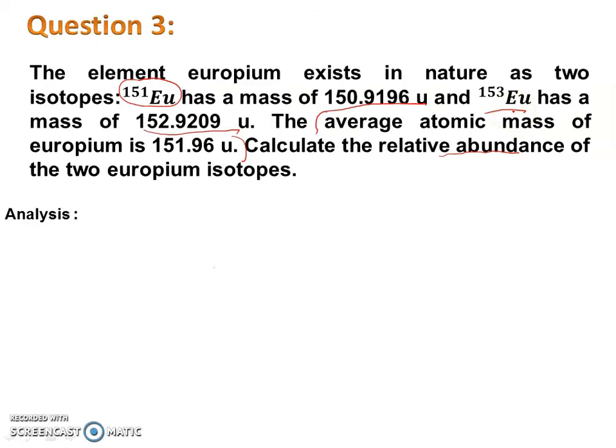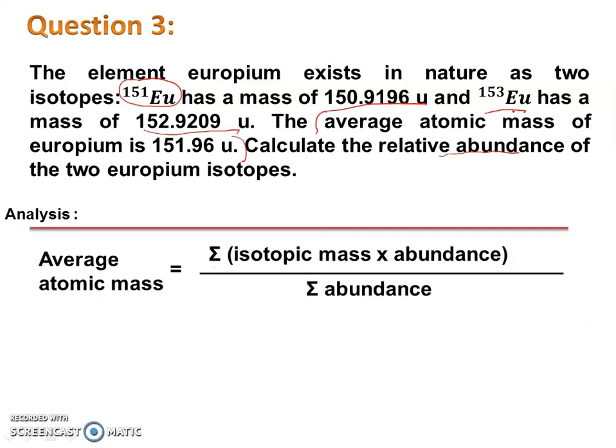Since the question gives you the average atomic mass, we analyze the question using the formula. The average atomic mass is 151.96 U, and the isotopic masses they give you already, 151 and 153. They give the isotopic masses, and this question asks you for the abundance.